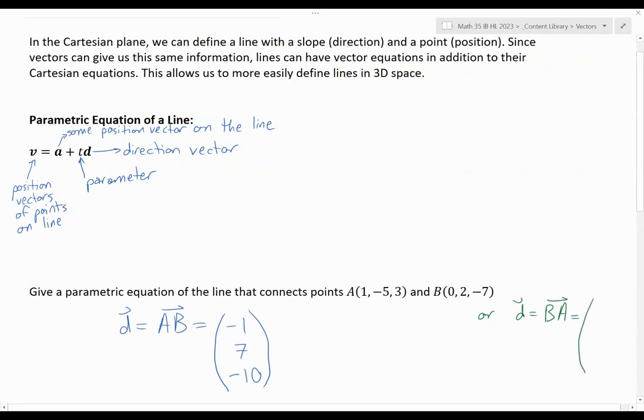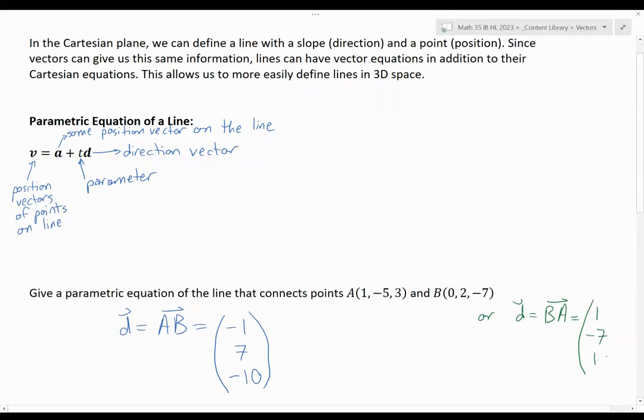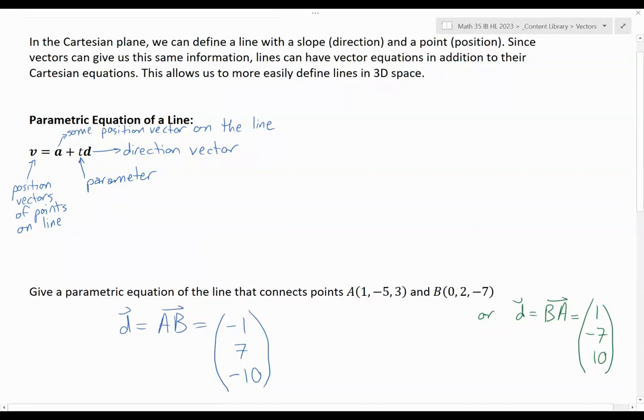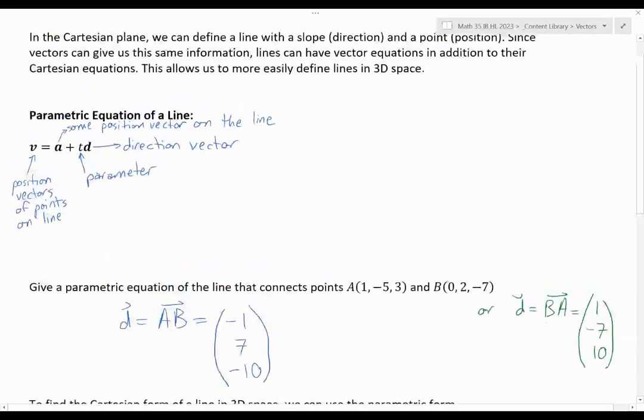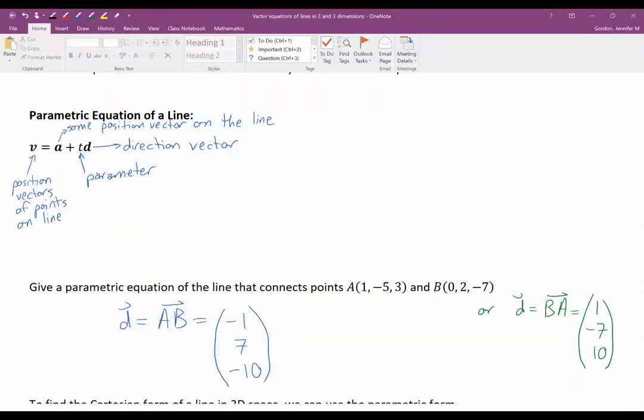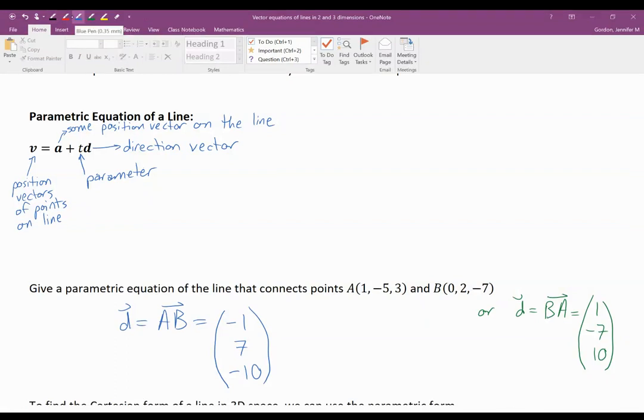So instead of 0 minus -1, I go 1 minus 0, -5 minus 2, and 3 minus -7. So the direction vector is essentially just the opposite of the other direction vector. The parameters would be different to give the same points, but it will still define all the same points on the line.